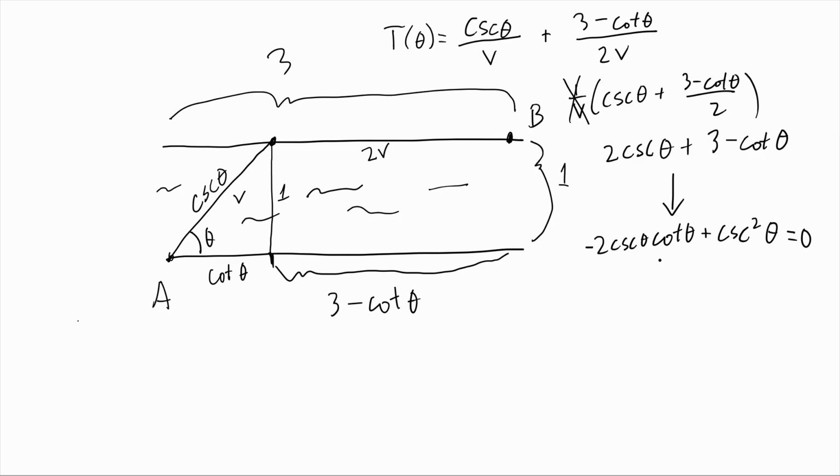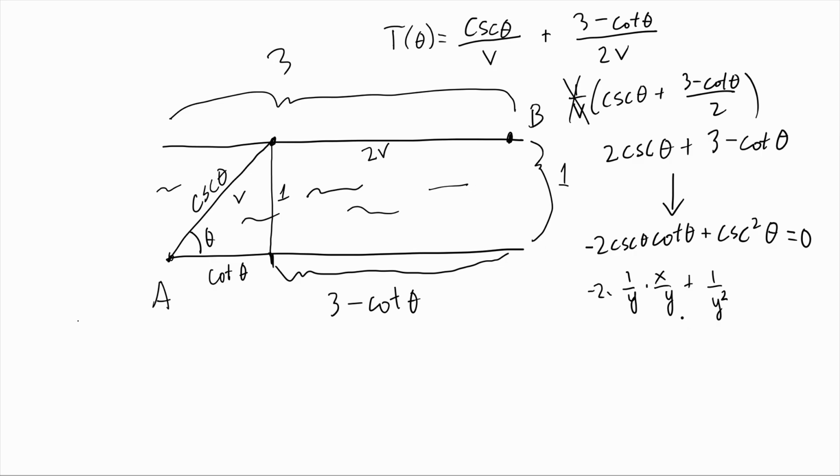Now, again, I like to convert things to x's and y's. Cosecant is 1 over sine, so it's 1 over y. So negative 2 times 1 over y times cotangent, which is x over y. And then over here we get cosecant squared, which is just 1 over y squared.